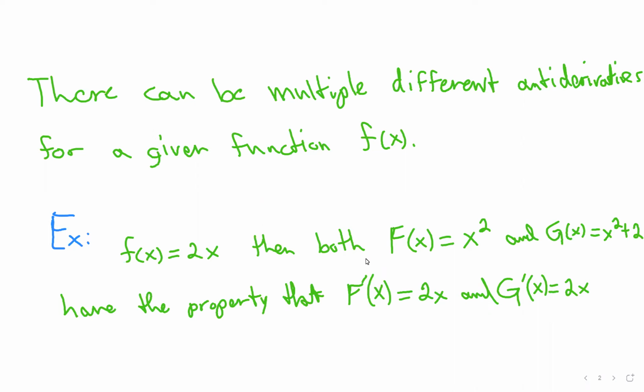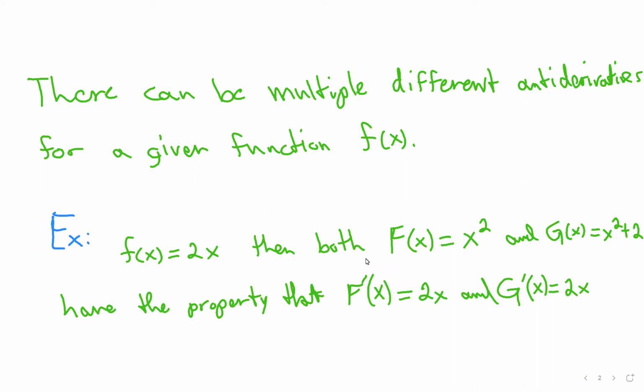Now, why is that? Well, we can take a look at what the derivative of each of these capital F of x and capital G of x are to see that we'll have a result which is equal to our original function of f of x. So if you take the derivative of capital F of x, which is x squared, you'll get 2x.